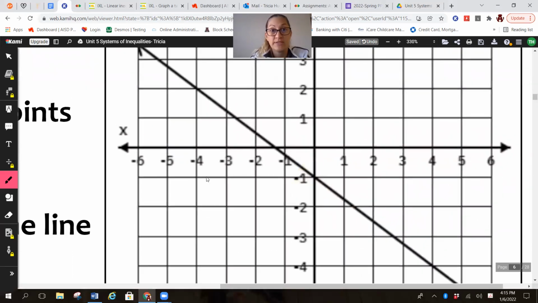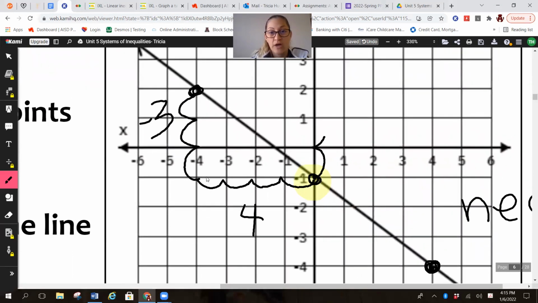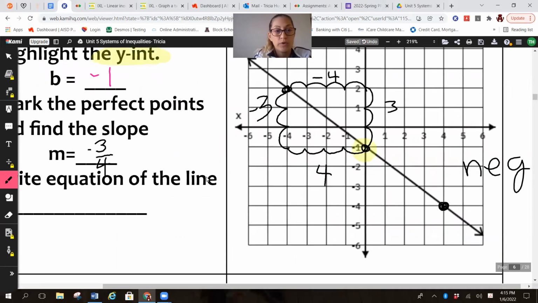Some students may start at the y-intercept and count up 3, and that's fine. And going to the left 4 would make the 4 negative. Then you would write -3 over -4. But truly, the negative belongs in front of the fraction, and the 3 over the 4 do not have a negative directly attached to it.